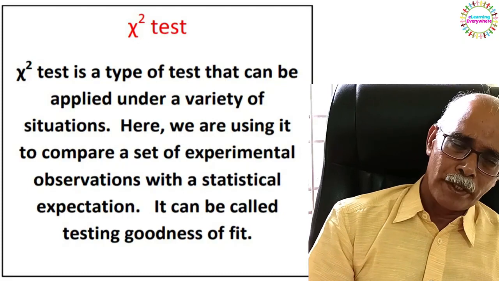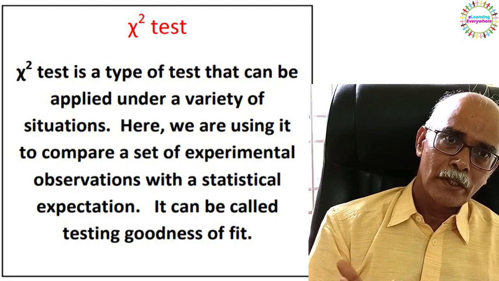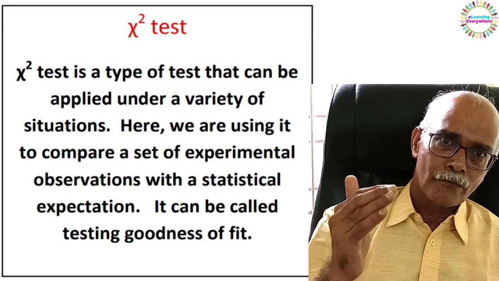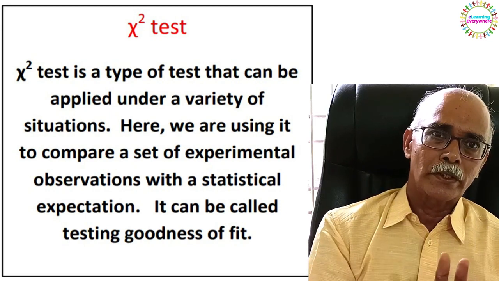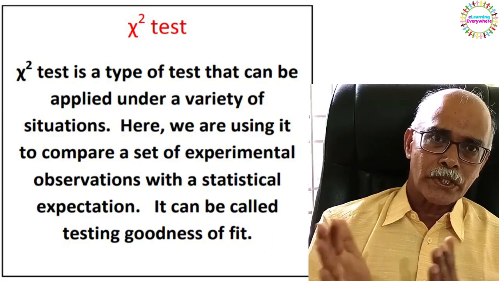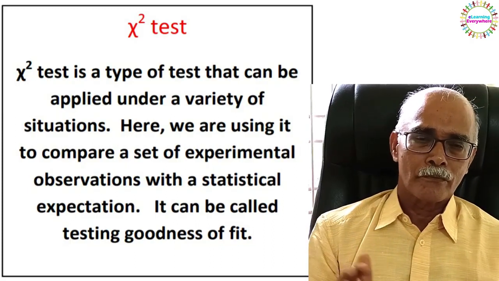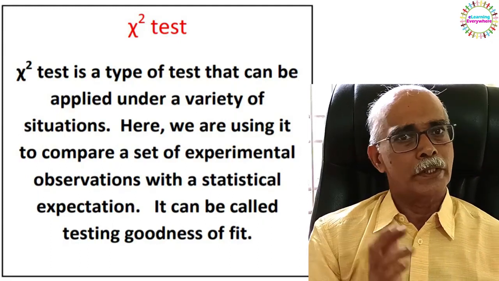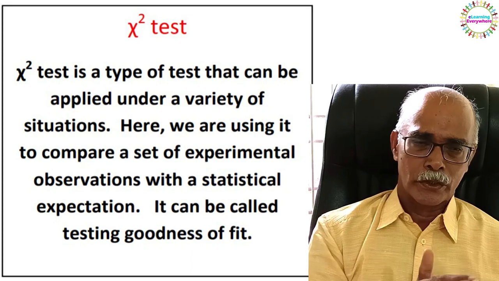Testing goodness of fit means testing whether observed data fit a theoretical expectation, whether a statistical ratio can be fitted to the given observation. And that is goodness of fit, one of the most important uses of chi-square test.